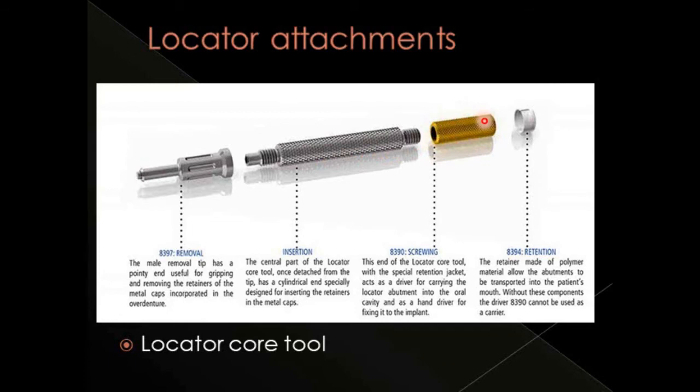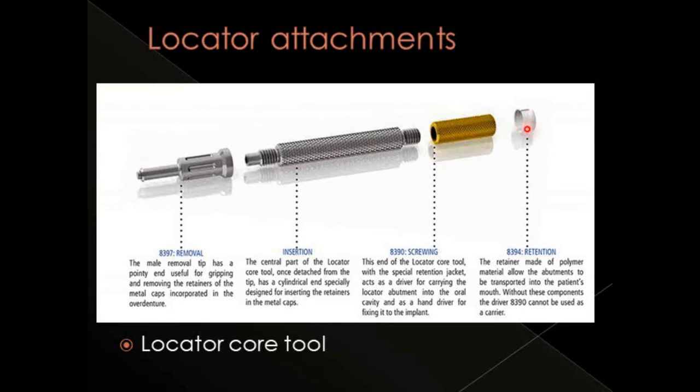And this portion is used for carrying the locator abutment into the oral cavity, and also used as a hand driver to fix it onto the implant. So in order to screw the abutment onto the implant, we make use of this portion, and this is a plastic ring which helps to carry the abutment into the patient's mouth without falling off.